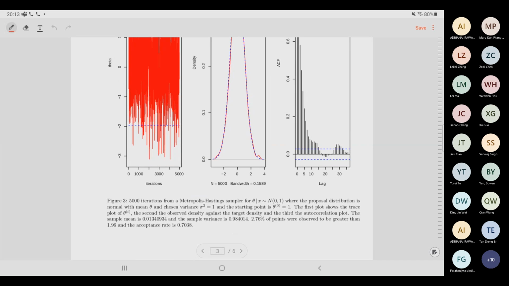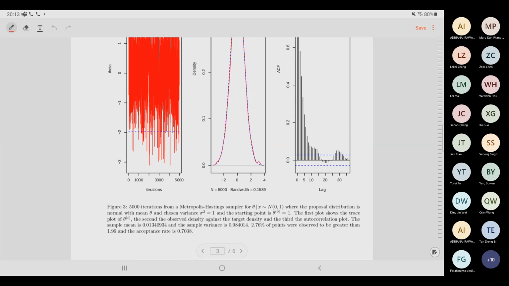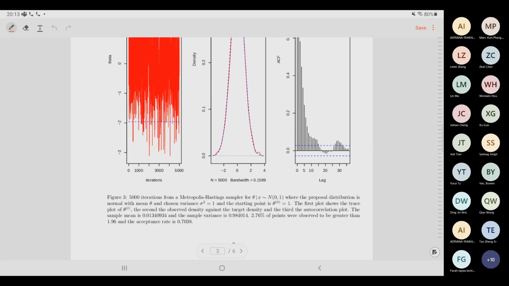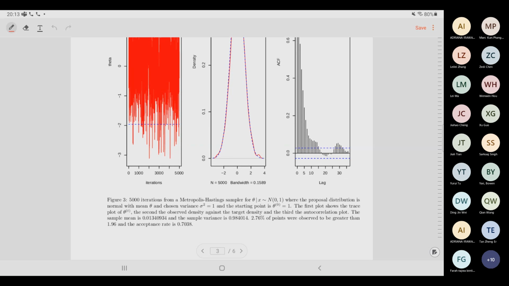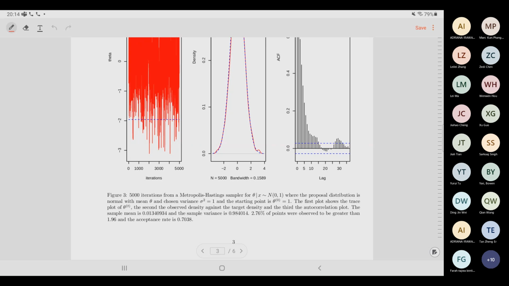So the thing here is that we have to choose the sigma square, right? In figures 1 to 3, we are looking at sigma square equals 1, which means the variance is 1. The other option is that we can change the variance sigma square to a different value.